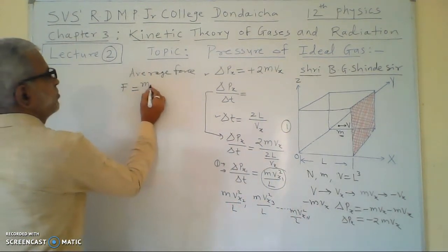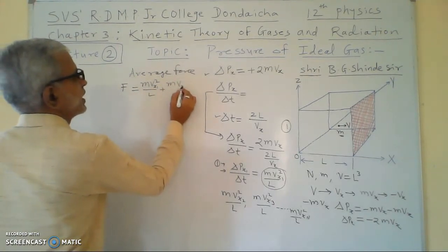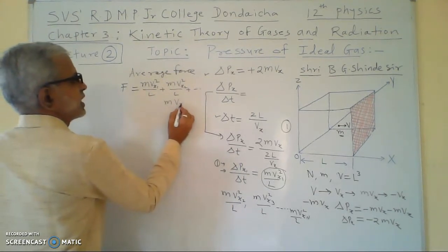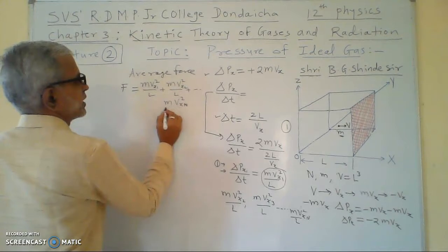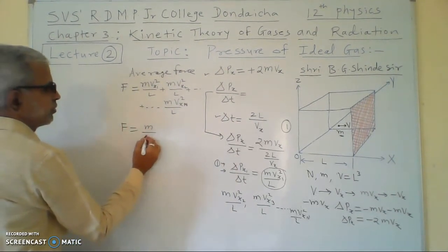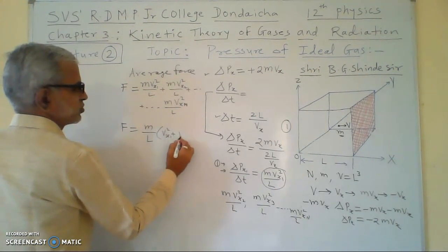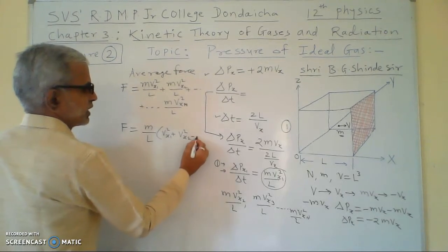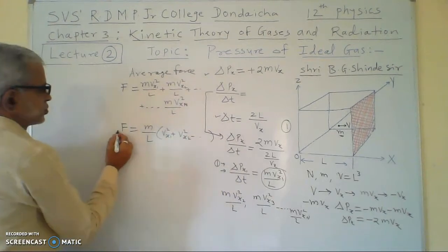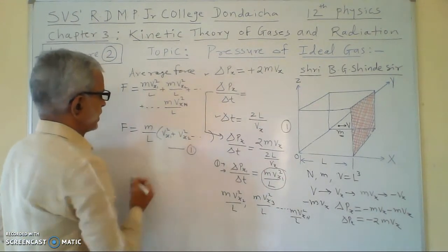So it is m vx1 square upon l plus m vx2 square upon l plus m vxn square upon l. So force F is equal to m upon l in brackets vx1 square plus vx2 square and so on. So we can write all the velocities here. This is the average force. Say this is equation 1.